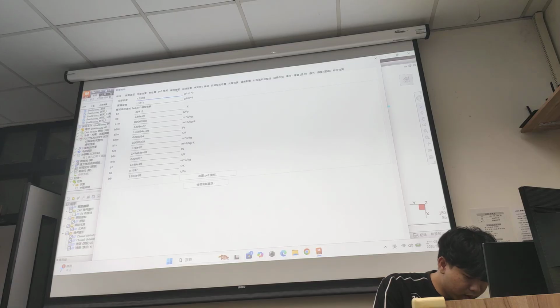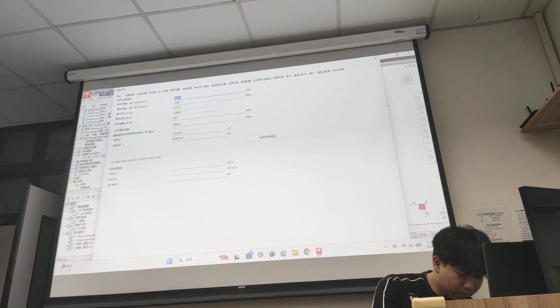Next up is the mechanical properties tab.